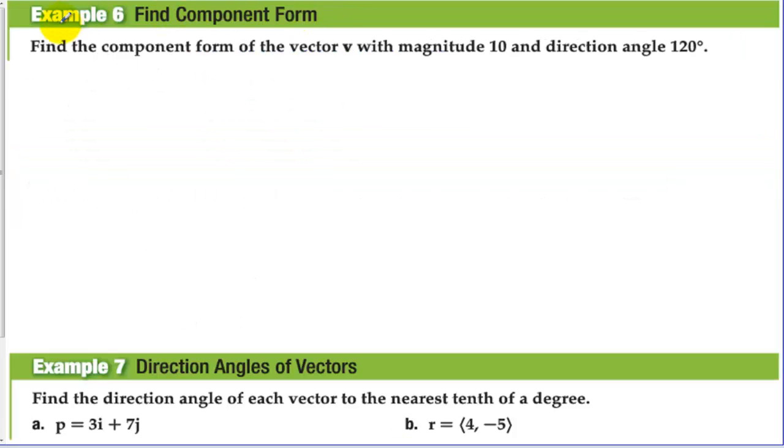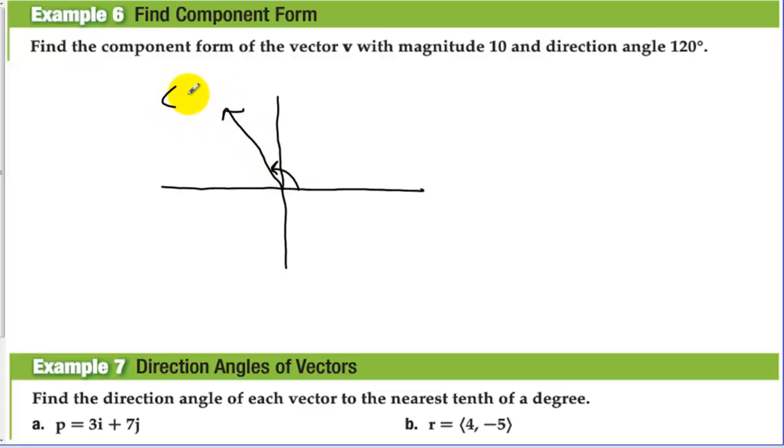Find the component form of the vector v with magnitude 10 and direction angle 120. Alright, so if we have this angle that's 120 degrees right here, and if this was the unit circle, the x-coordinate would be the cosine of 120, and the y would be the sine of 120. But we don't have a magnitude of 1 like we do on the unit circle.